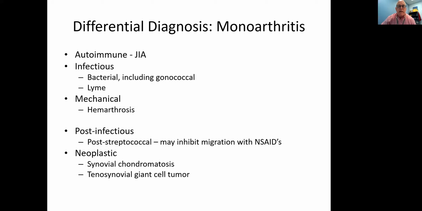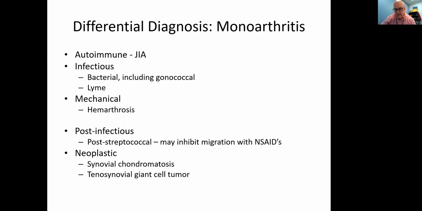So if a patient is started on NSAIDs for a one joint arthritis fairly quickly and has a great response, it could be post-infectious, and you may be inhibiting their migration by the use of NSAIDs. History is important, but it's also important to recognize that at least a third of patients with post-streptococcal arthritis or rheumatic fever will not have historical evidence of an antecedent strep by history.